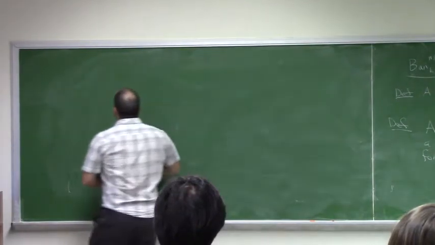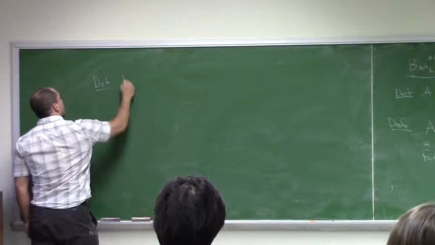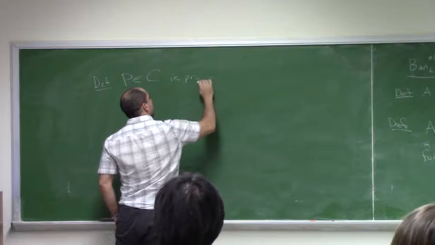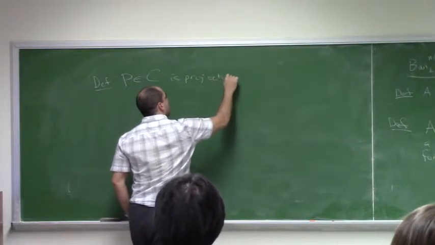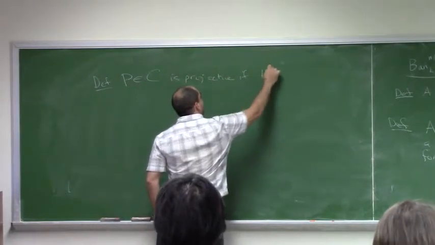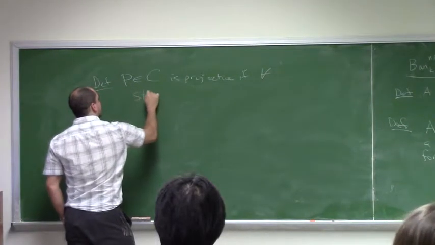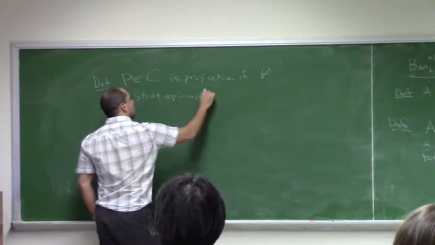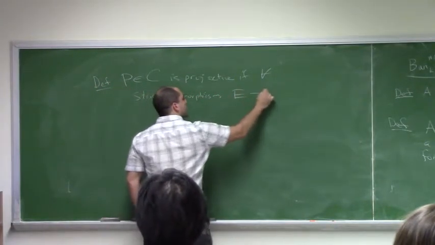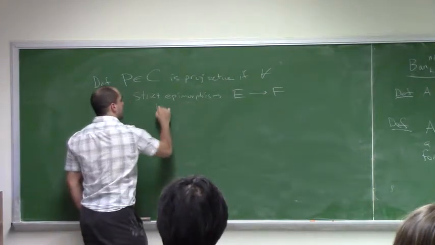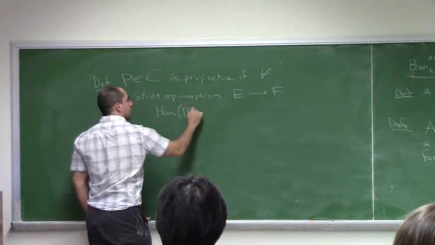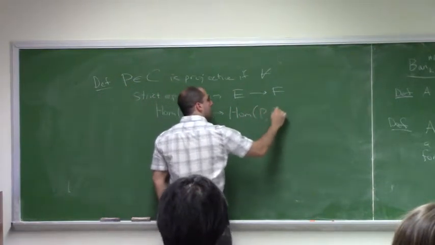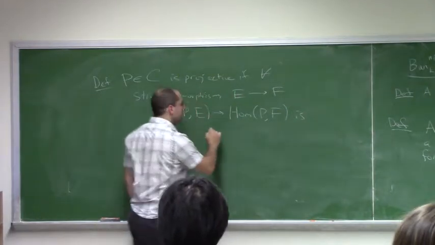Definition: an object is projective if for all strict epimorphisms E to F, the induced map on Hom is surjective.